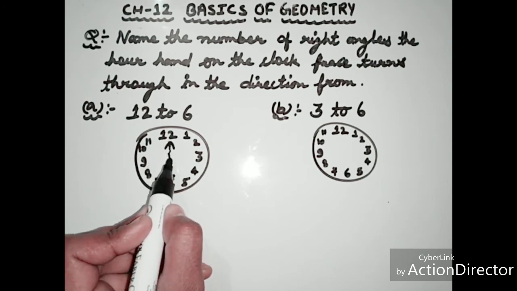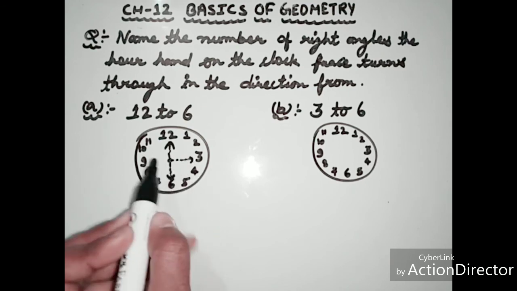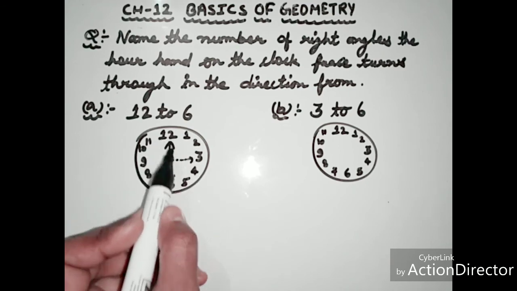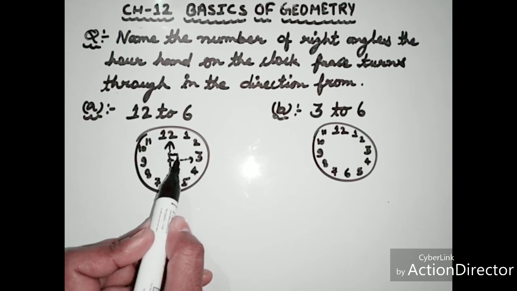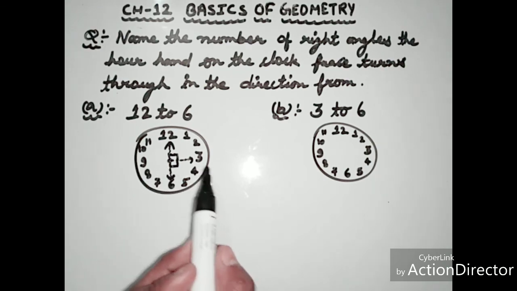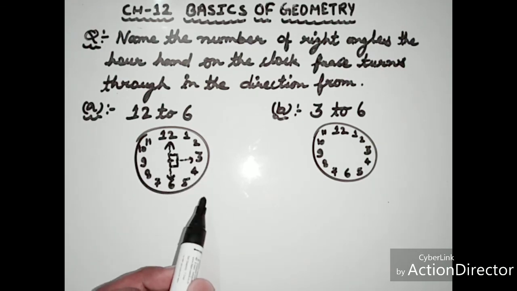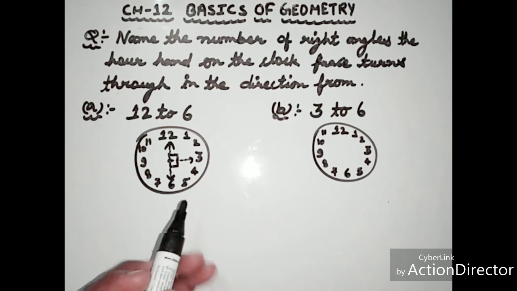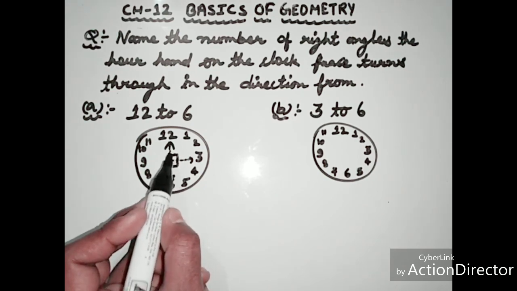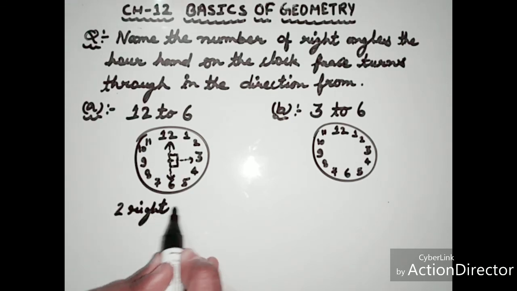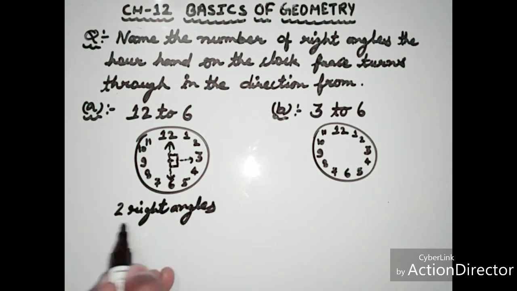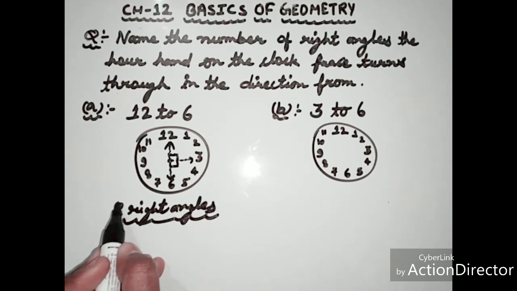The first right angle is made between 12 and 3, and the second right angle is formed between 3 and 6. So the total number of right angles is 1, 2. So here we write 2 right angles are formed when our hand moves from 12 to 6.